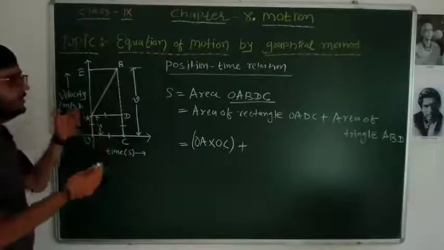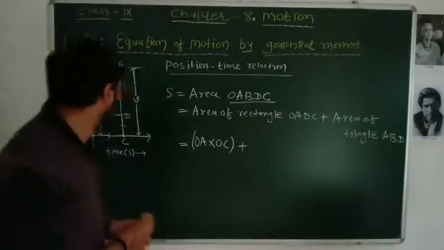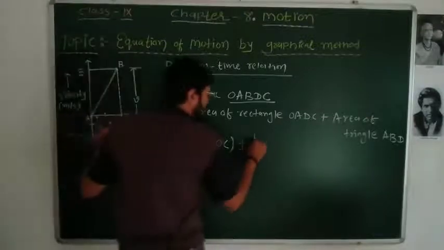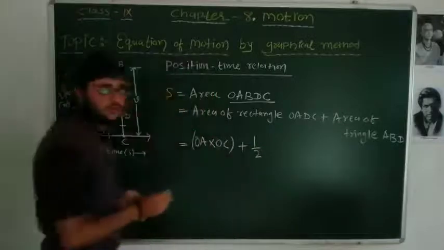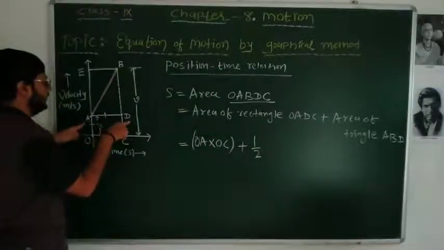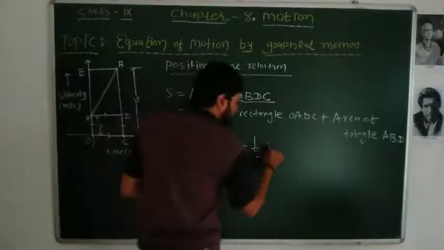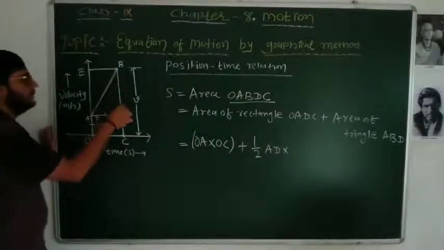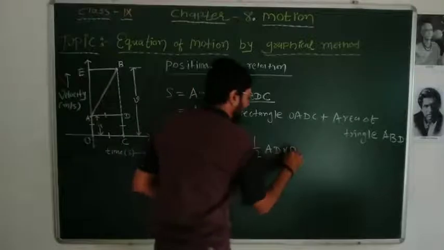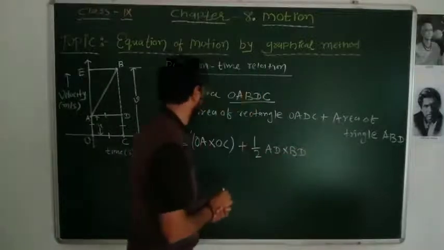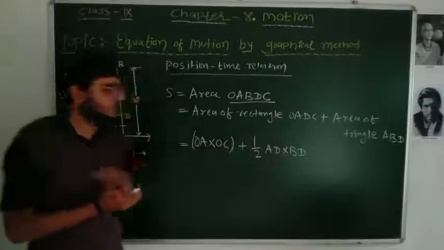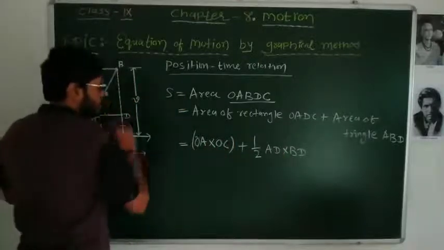We also know the area of the triangle: half base into height. Here the base is AD and the height is BD. This is how we can write the area of the triangle and the area of the rectangle from this graph.